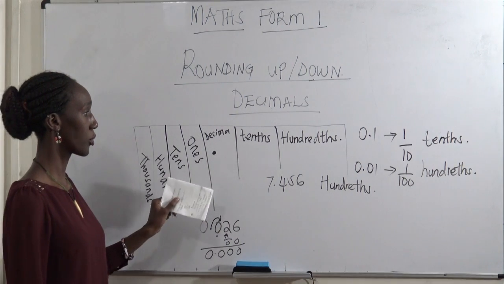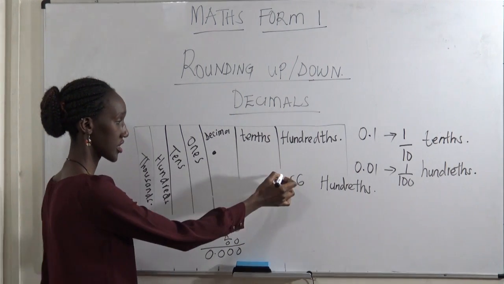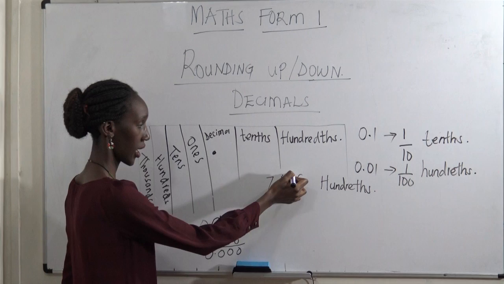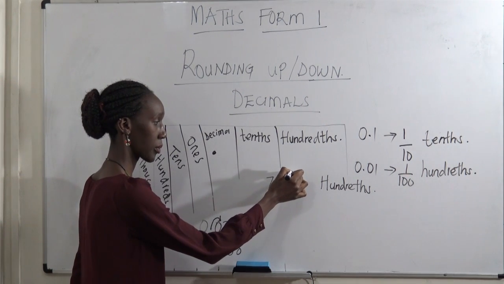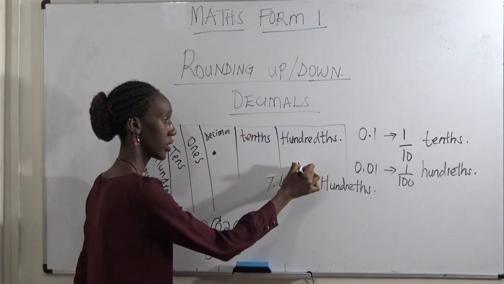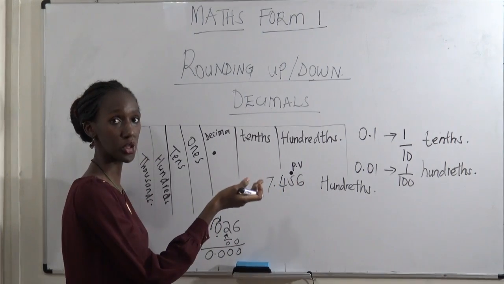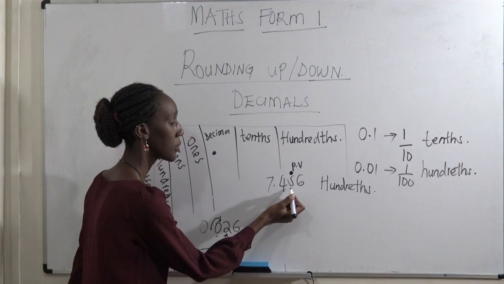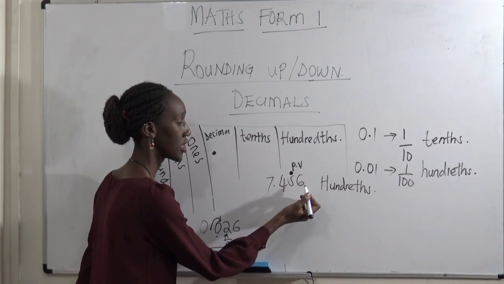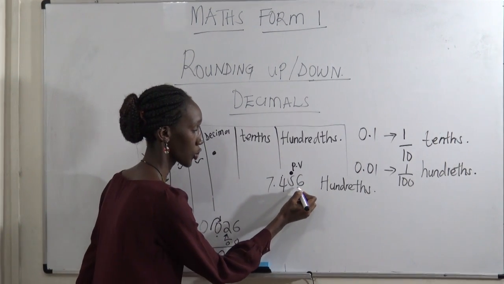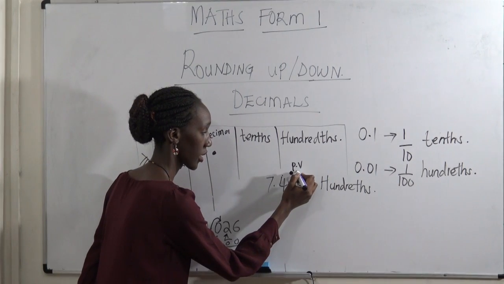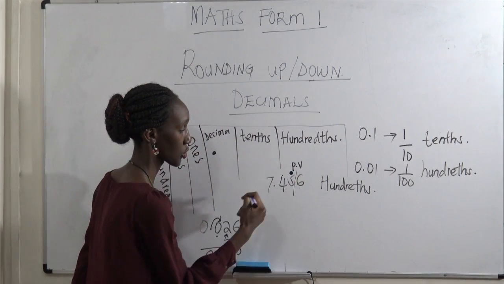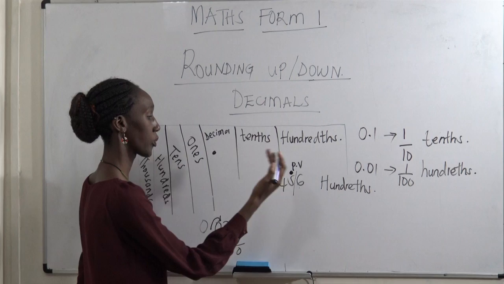Going with the tables of the values, this is tenths, this is hundredths. So here is where I place my mark of the PV. We said you can denote it as PV, which means the place value. So after the place value, look at the number which is immediate after the place value. So my number here is 6. I can put a slash because that is what we normally like to use.